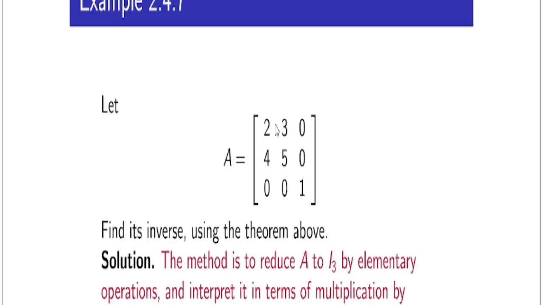If we observe, our matrix A is the matrix [2 3 0; 4 5 0; 0 0 1].